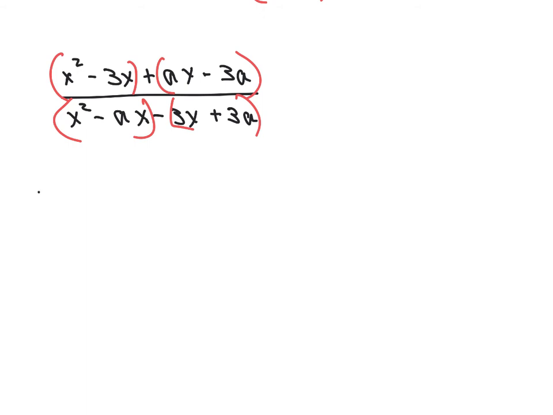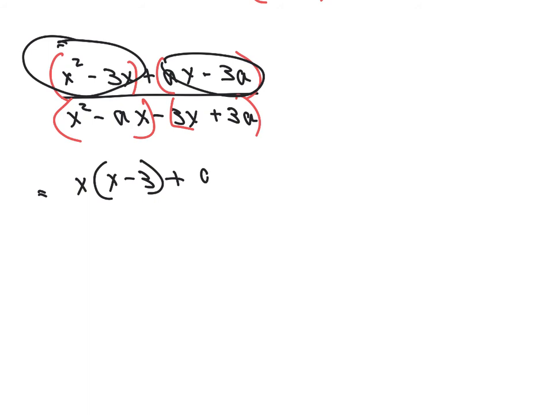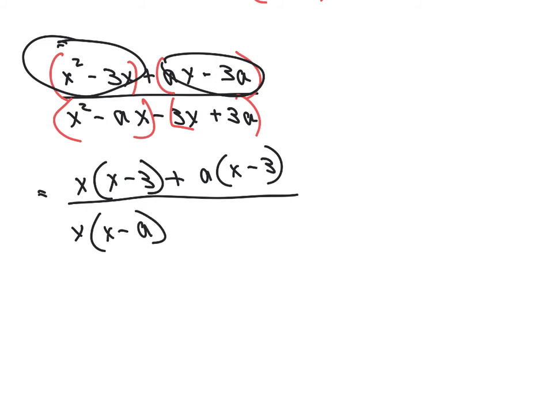And on top, in this one, we can factor out an x, and we've got x minus 3 left. And in this one, we can factor out an a, and we have x minus 3 left. Now let's look at the bottom. We can factor out an x, and we have x minus a, and we can factor out a 3, and we have an x minus a there.